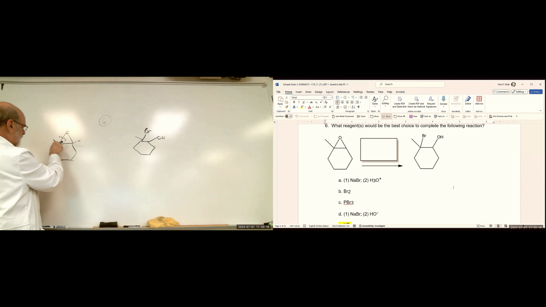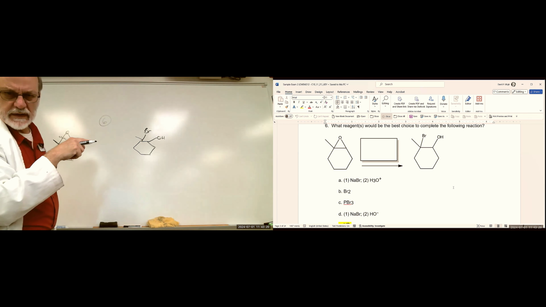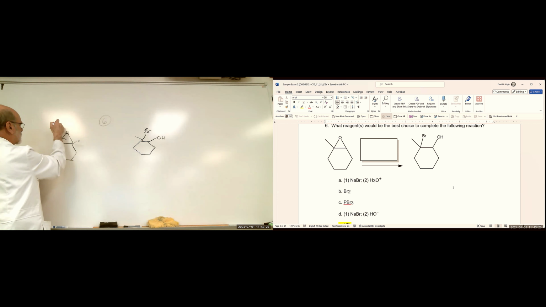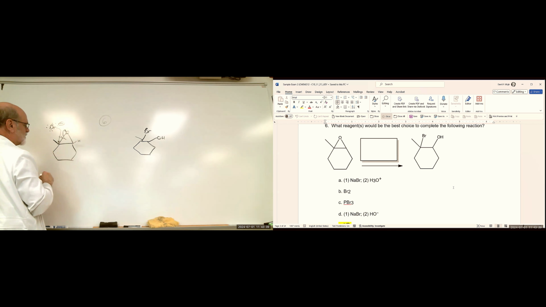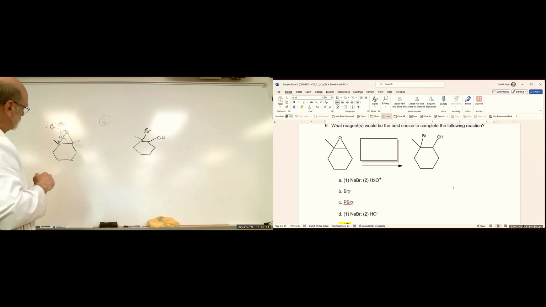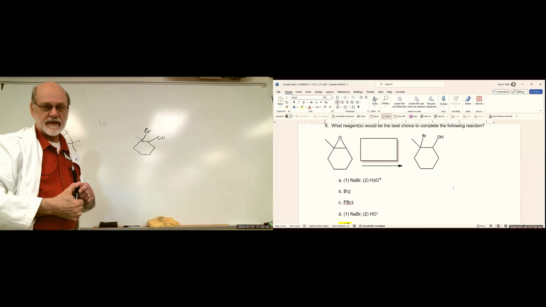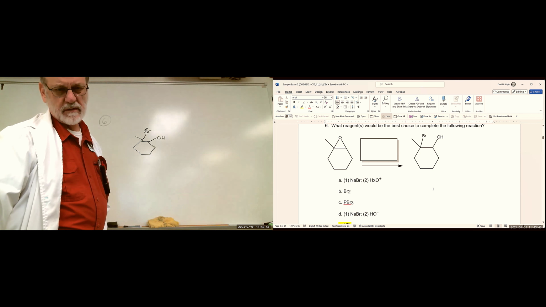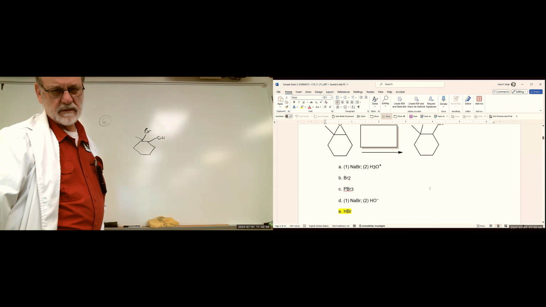So we need something that will attack this, and we need to end up with a bromide on it. So will this work? Can this work here? That, and then this opens up. Seems like that would work. So would it be B?